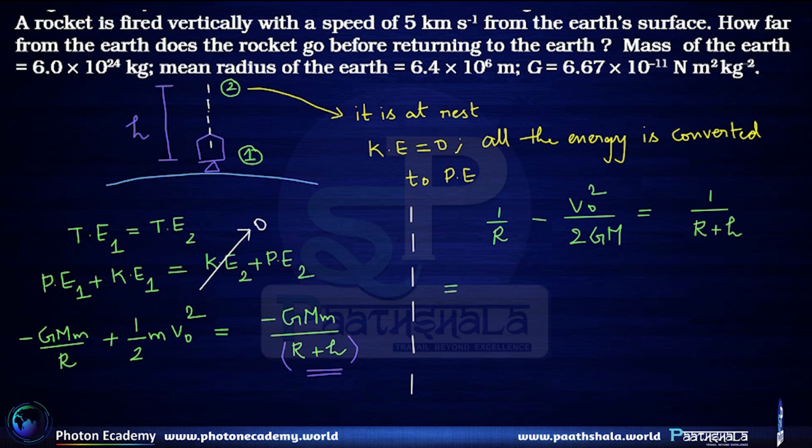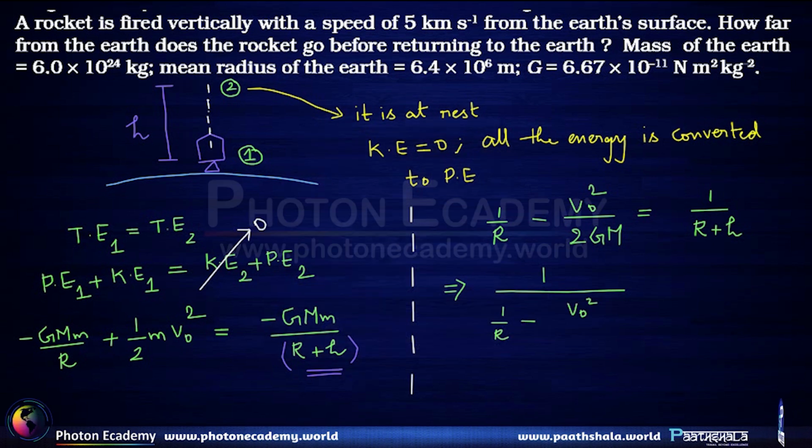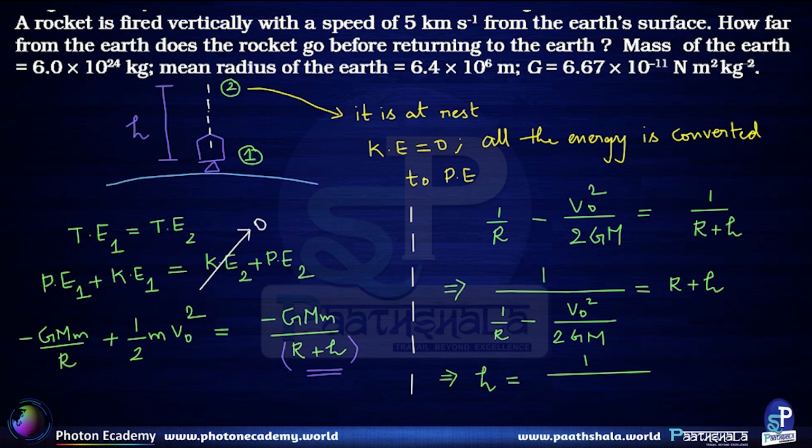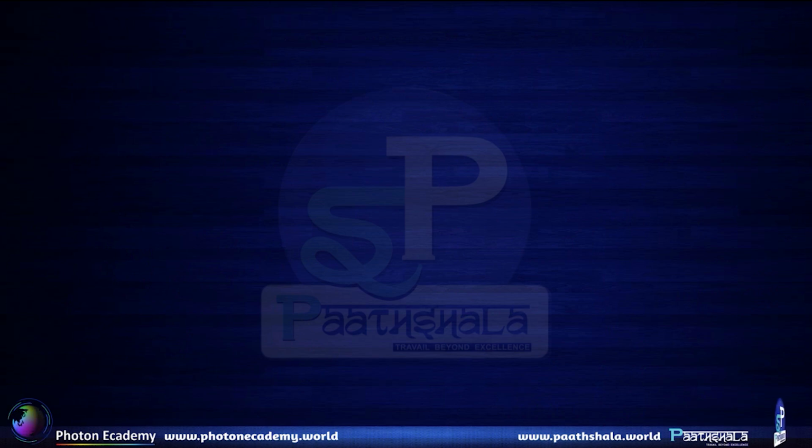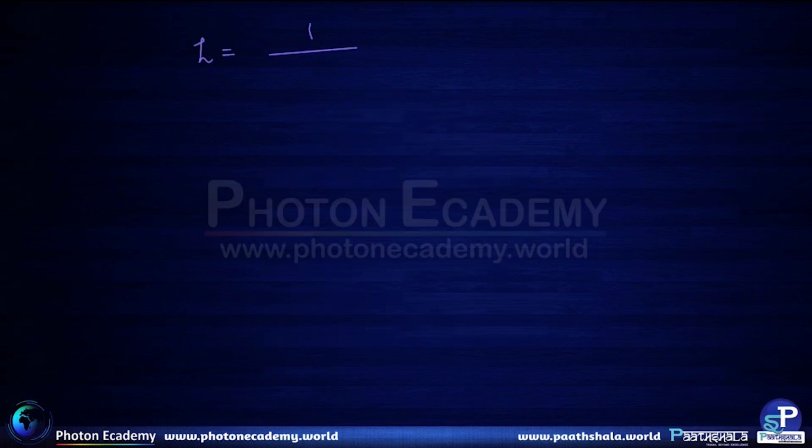So from this we write the value of h, which is the maximum height of the projectile, as h is equal to 1 by (1 by R minus v naught squared by 2GM) minus R. Let's write the result again: h is equal to 1 by (1 by R minus v naught squared by 2GM) minus R.